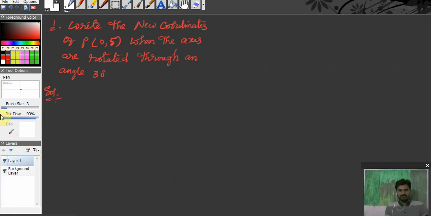Okay, consider a problem. Look here, the problem is: write the new coordinates of the point P (0, 5) when the axes are rotated through an angle of 30 degrees. In this problem you can see the point P (0, 5) and the angle 30 degrees.